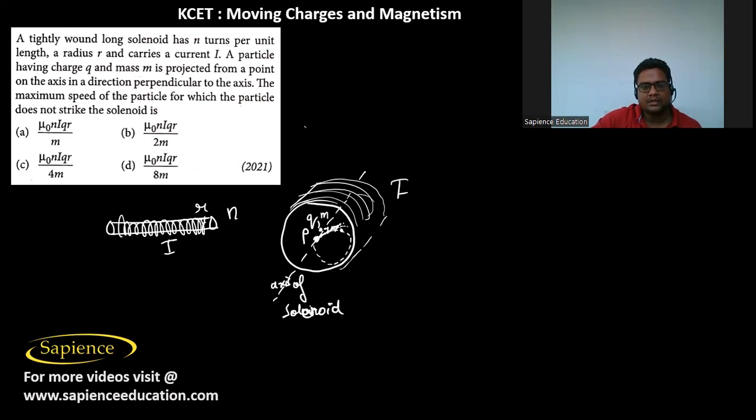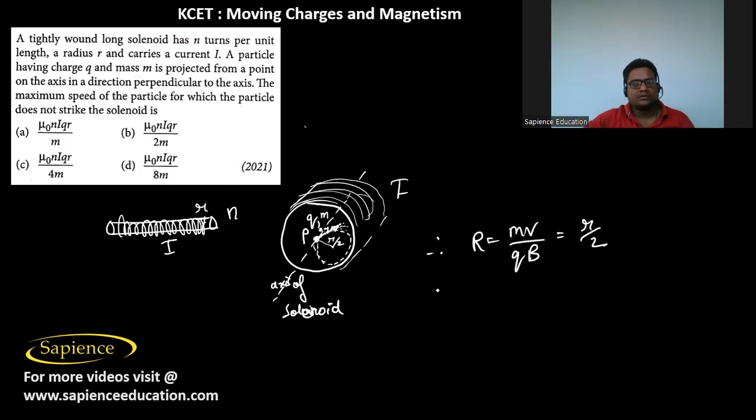So it means the diameter of its circular path should be at most the radius of the solenoid, so the radius of the path should be half of the radius of the solenoid. We know that R equals mv by qB, where R is the radius of that circular path in the magnetic field, so it should be equal to r by 2.